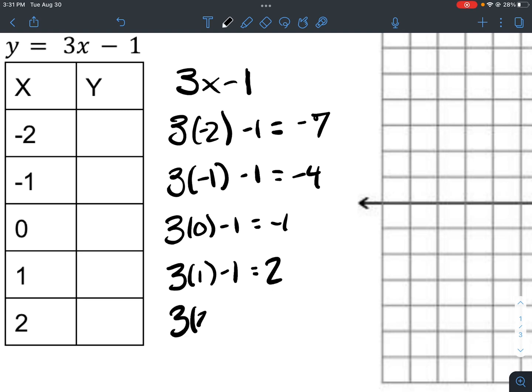And 3 times 2 minus 1 is 6 minus 1, or 5. So negative 7, negative 4, negative 1, 2, and 5.